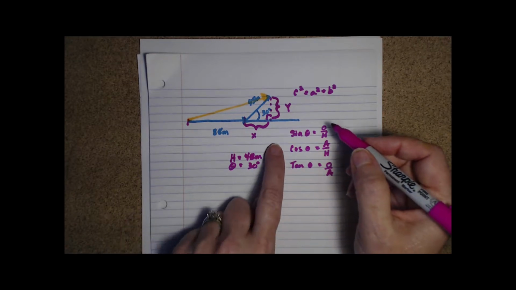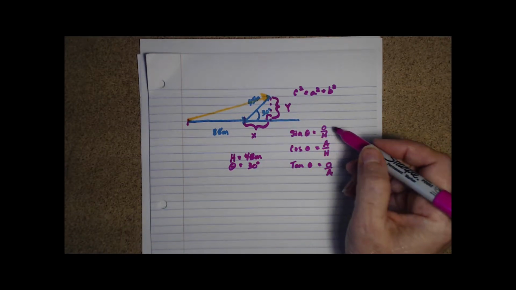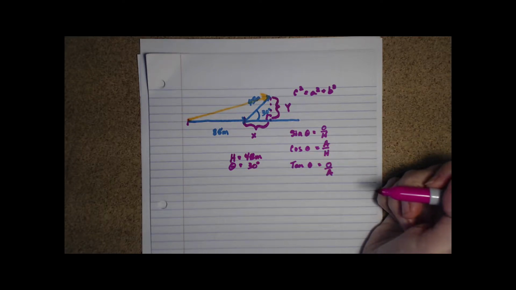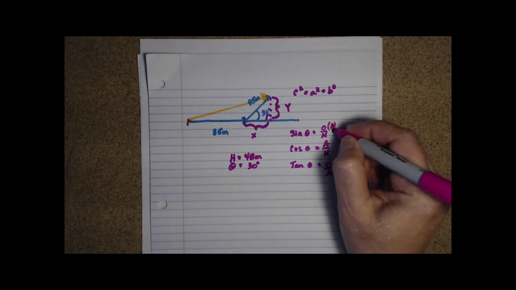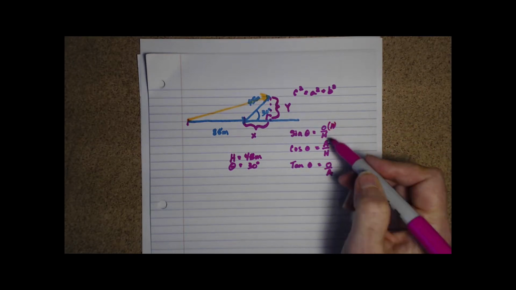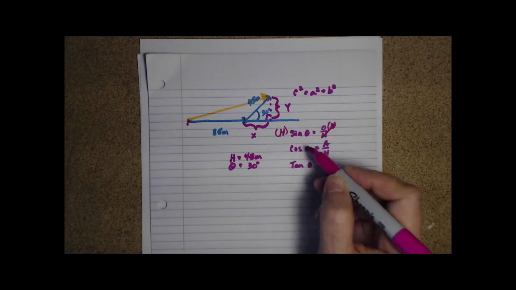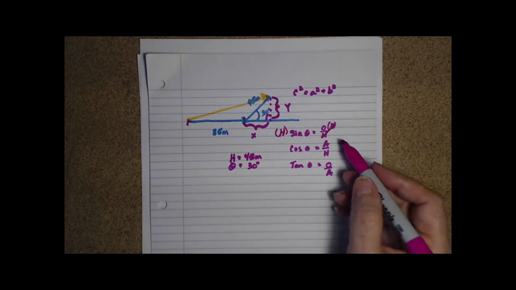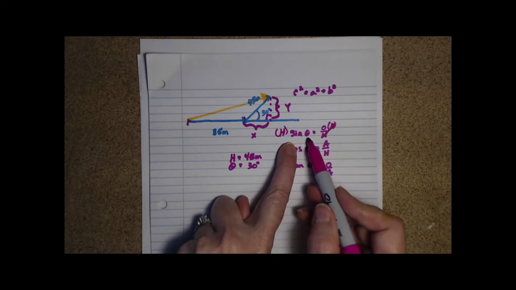And just like we've done when we rearranged other formulas, we can rearrange this formula to solve for the side that we want. If I multiply both sides by the hypotenuse, hypotenuse over hypotenuse is 1, so I can cancel that, multiply by hypotenuse over here. So my opposite side then is equal to the hypotenuse times the sine of theta.